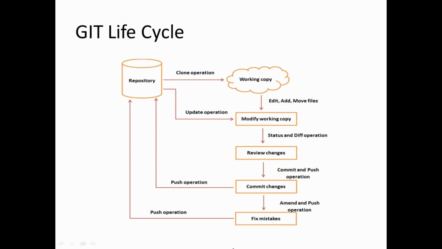When we commit, it goes back to the repository, and if we have some mistakes, they can be fixed and we can re-push to the repository. So amend and push operations once again. It's a very simple concept, and practically Git is really lightweight and very easy to use.